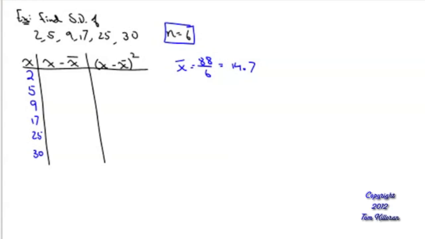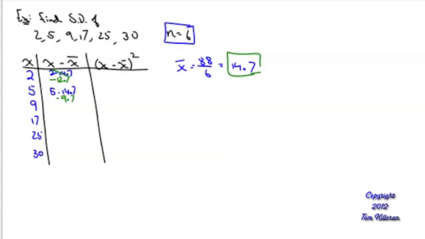Okay. So we come over to the side, and now you can do 2 minus 14.7, for a grand total of negative 12.7. Then 5 minus 14.7, the mean, is negative 9.7.